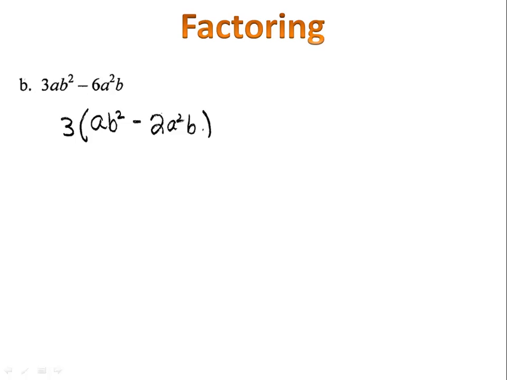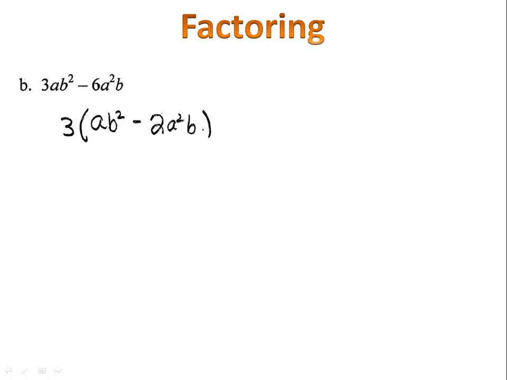Now let's take a look at the variables. The first thing I notice is that both terms have an a in it. The first term has a to the 1st. The second has a squared. We can take out only the smallest exponent. Because we have a to the 1st as our smallest exponent, we'll take out an a, and then we'll divide both terms by a.